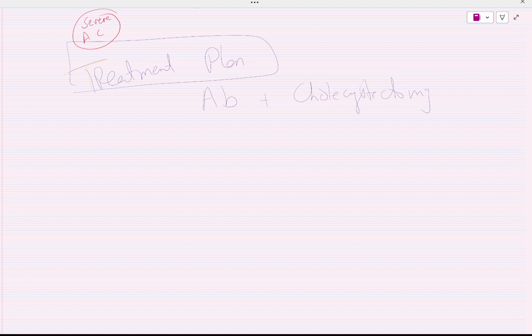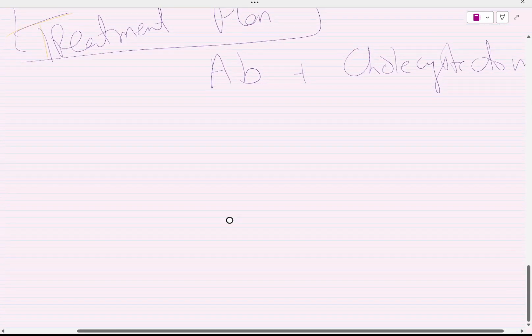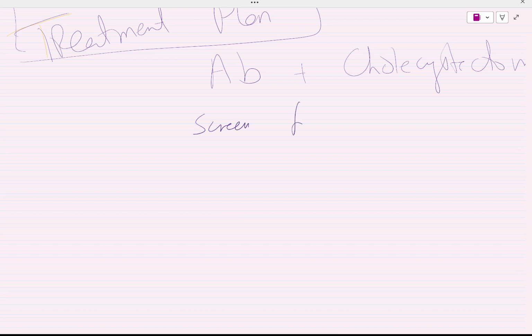So the main treatment plan is antibiotic plus cholecystectomy. If a patient comes to you, how are you going to manage? We will evaluate whether there is any sign of sepsis or shock present or not. So we will screen for sepsis or shock. That's how you approach a patient.